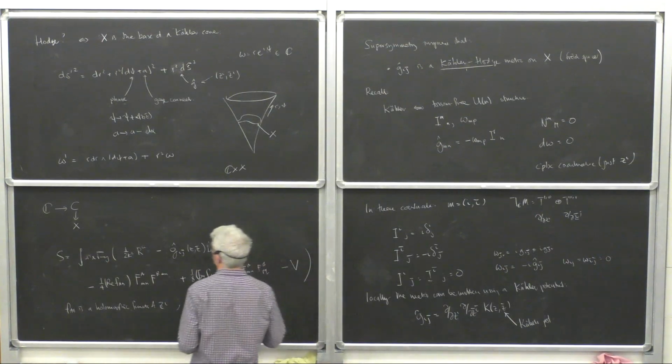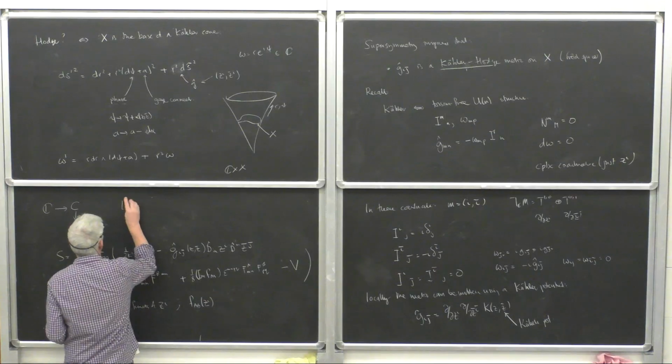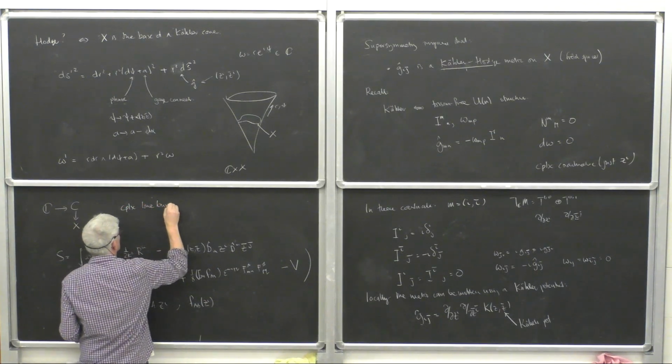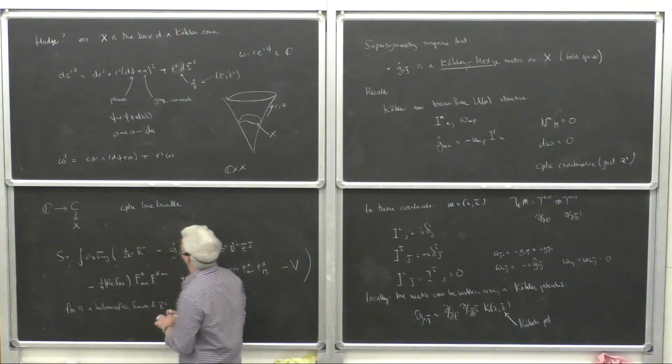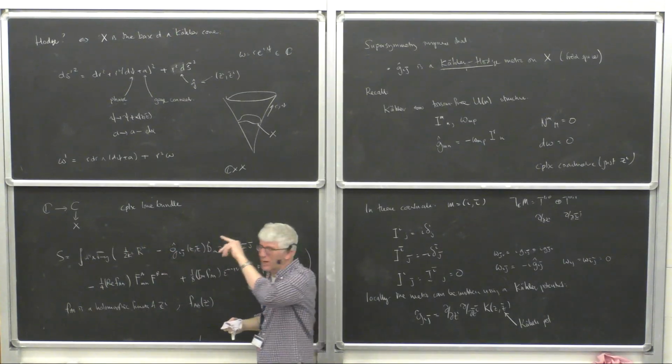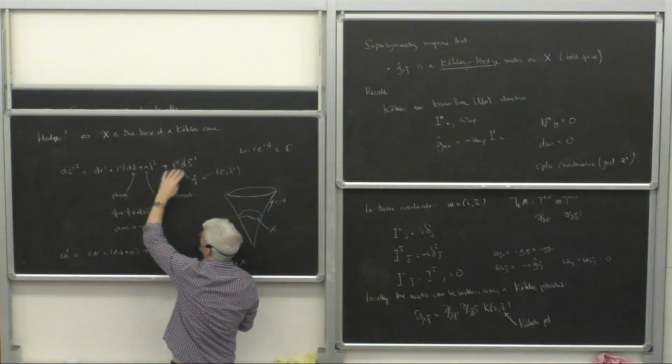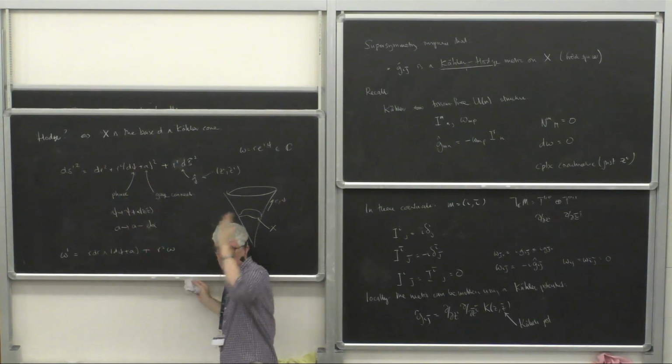So this is really what's called a line bundle, complex line bundle. But it's really like a U(1) bundle, right? With just an extra radial direction. So this thing is just like a U(1) bundle over here, and then I put an extra radial direction to make it all cone-like.